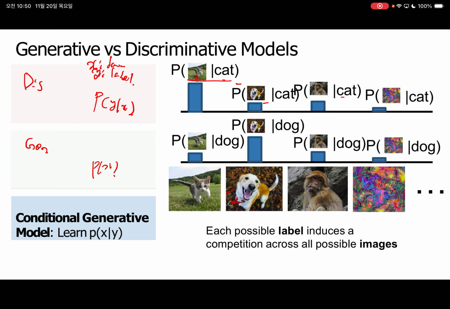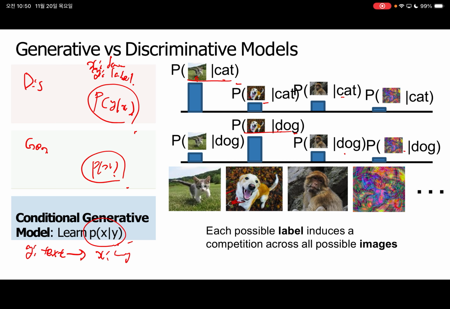This image has a low likelihood. Given dog, this image has a high likelihood. This image, low likelihood. So these are very different: p(y|x) versus p(x|y). Each possible data label induces a competition across all possible images. This is the typical thing that we can use these days, like image generative models and video generative models. We give text, right? We give text as y, and then x is the image or video, right?